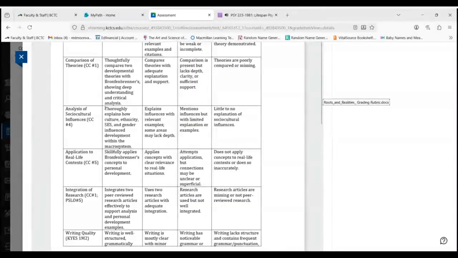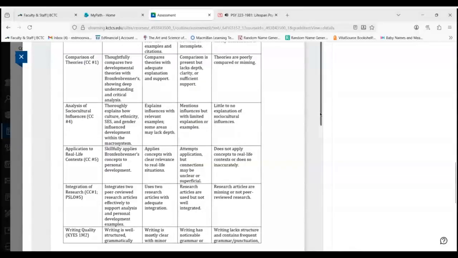Make sure you answer this really well in the macrosystem. So explain how culture, ethnicity, socioeconomic status, and gender influence the development of you within the macrosystem. So hit that a little bit harder in your macrosystem.